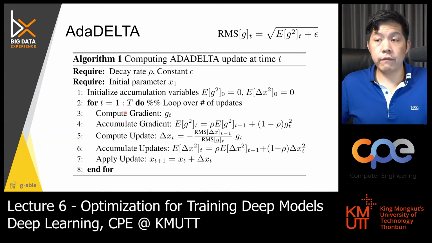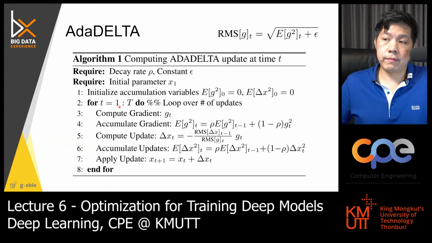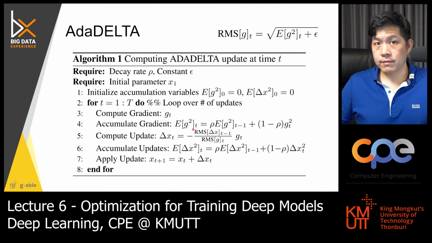Then for each iteration, we loop over the update. For t equals 1 to T, we compute the gradient g_t, and next accumulate the gradient. Is this the same as the last one?